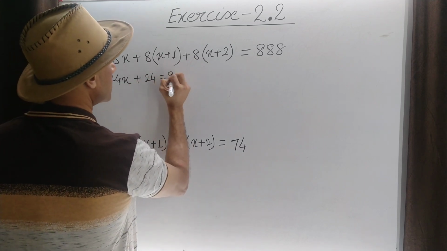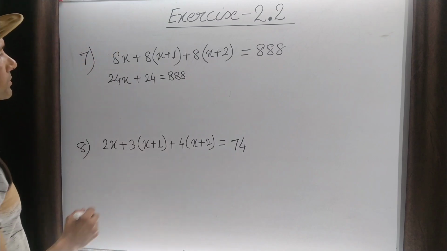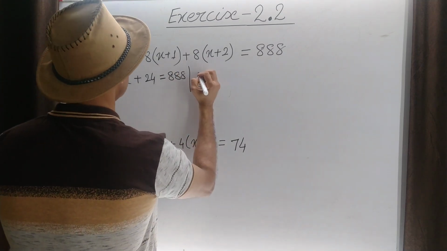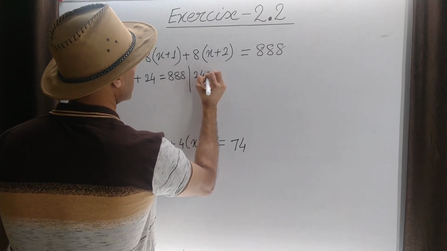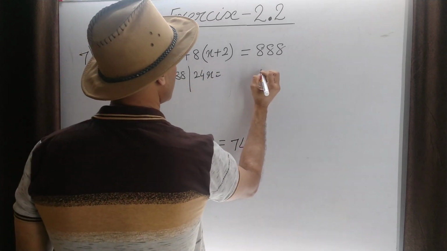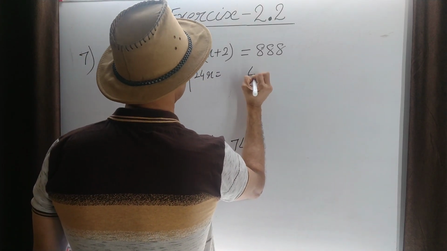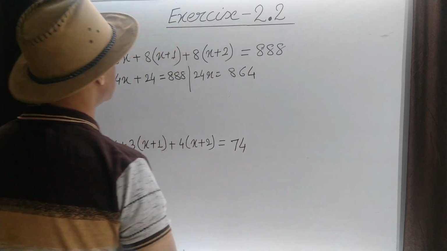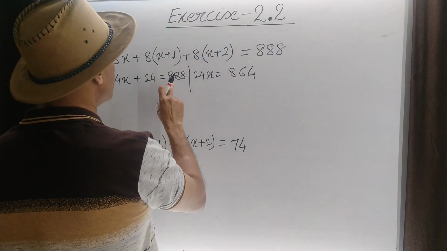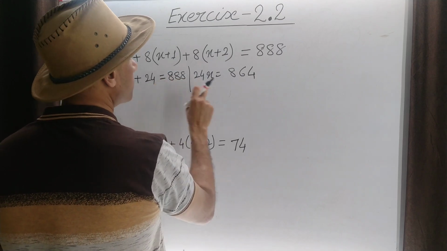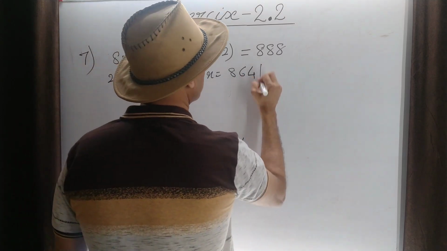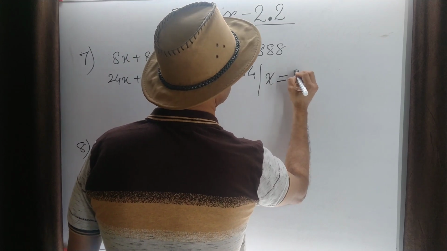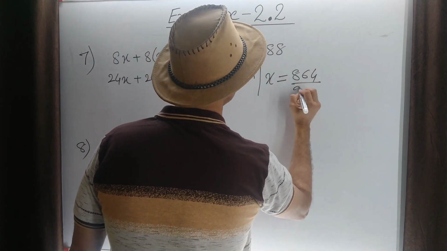This equals 888. So we get 24x is equal to 888 minus 24, which is 864. So we get the value of x as 864 divided by 24.